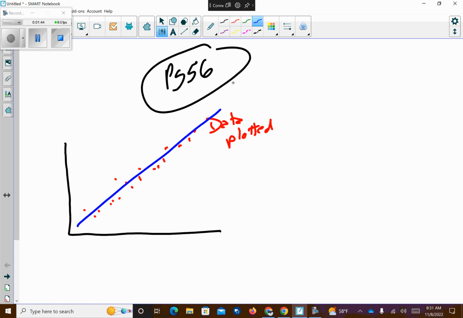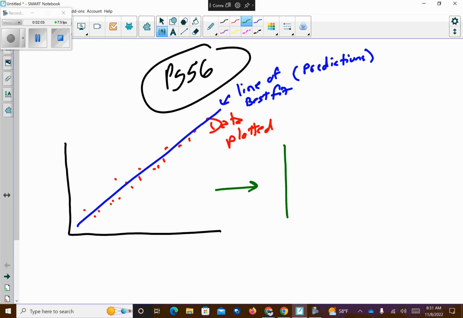We have our line of best fit. And this is what we use to make predictions, right? And then we can evaluate from what this graph is this type of situation.